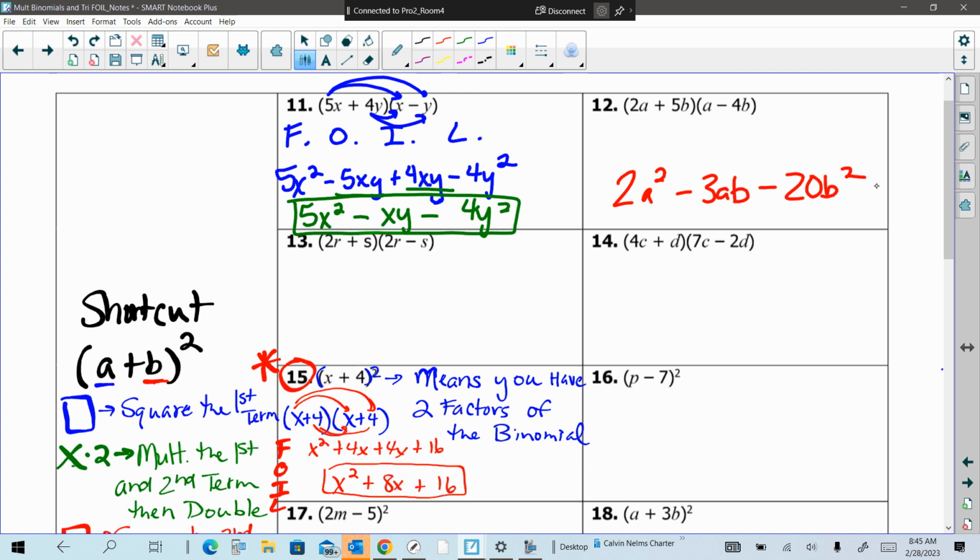On 13, it actually turns into a binomial because the r's cancel. The final answer is 4r squared minus s squared. And then on 14, we should get 28c squared minus cd, or you could have put 1cd, and then minus 2d squared.